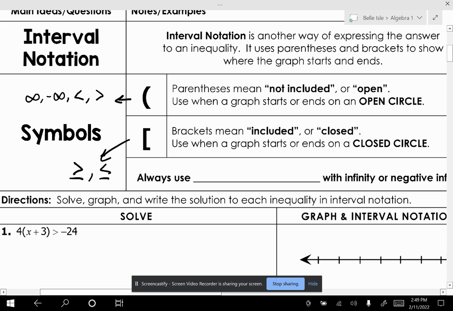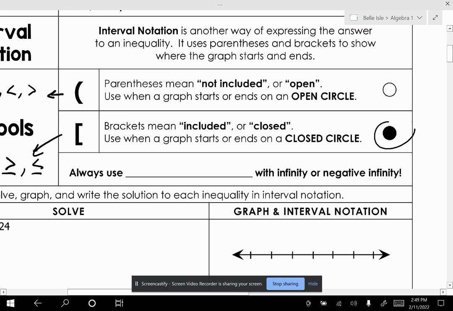If an open circle means we're not including that value, it makes sense when we move to the or equal to, because the words or equal to mean that we are including that value. So if our answer was x is greater than or equal to 2, then you're going to have a bracket with the 2 and a closed circle.